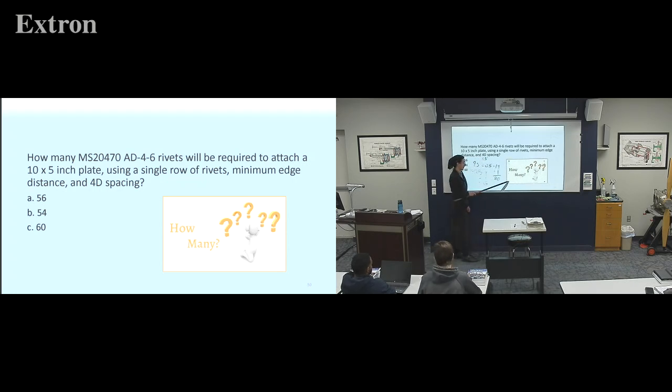Same here. So if you add these up, 20, 20, 10, and 10, then you have to subtract 4, because you counted these twice. Any questions on that?